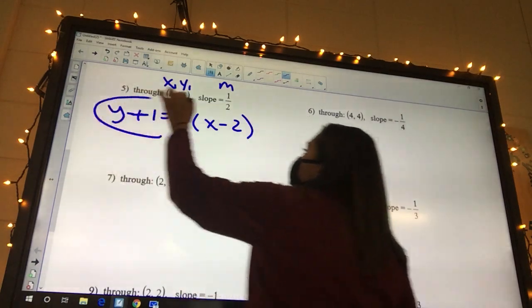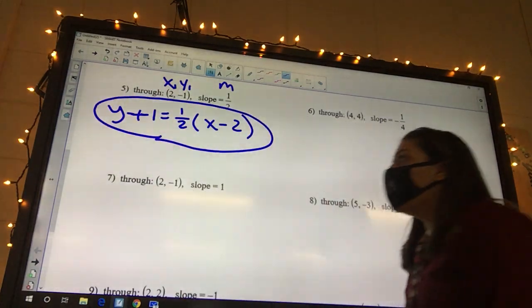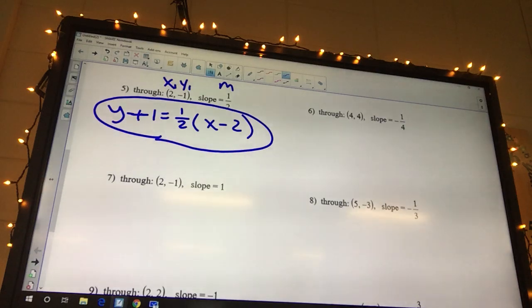This is what yours should look like, so make sure it's right. Y plus 1 equals 1/2, parentheses, x minus 2, close parentheses.